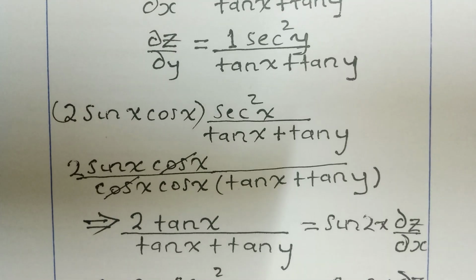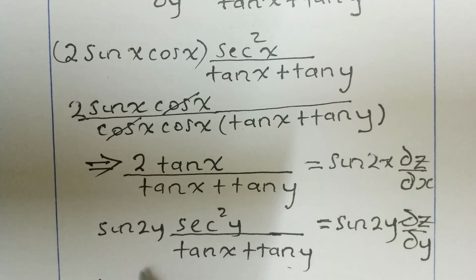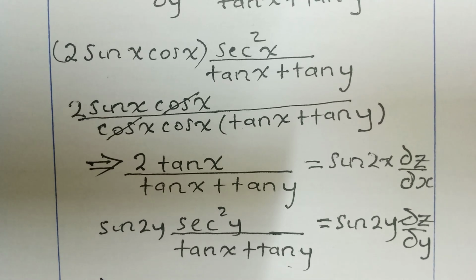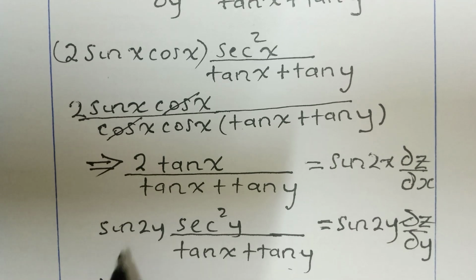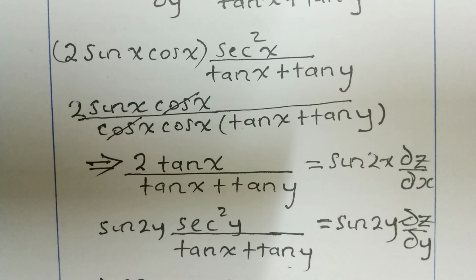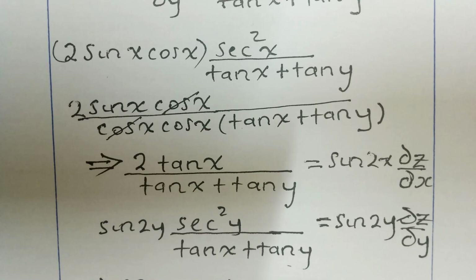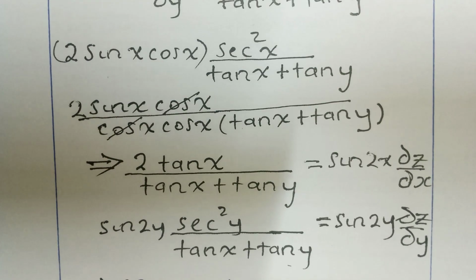We do the same with this one, because we are going to have sine y cos y and then 2, according to the trigonometric identity. Then sec we can put here, which is now cos y. Then we are left here with tan x plus tan y, like that.